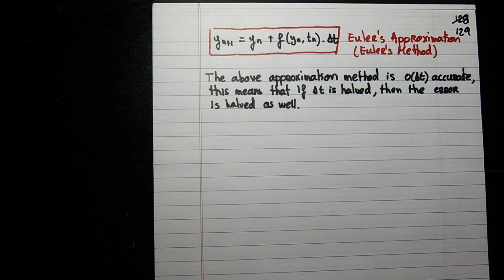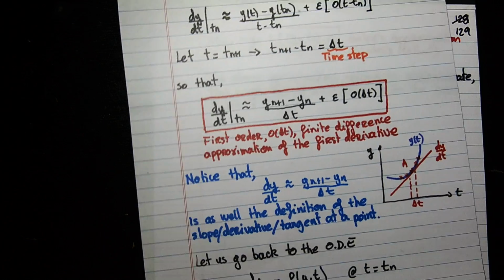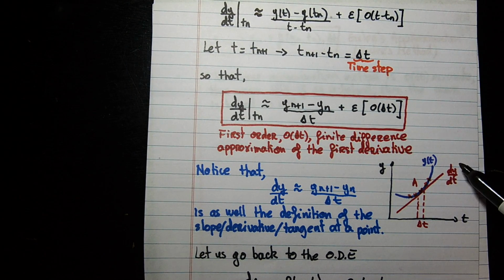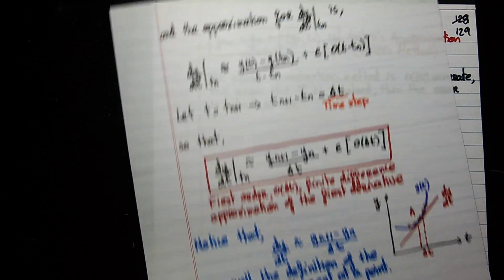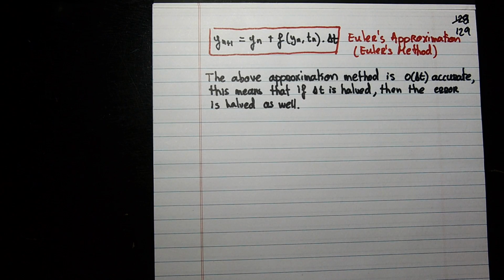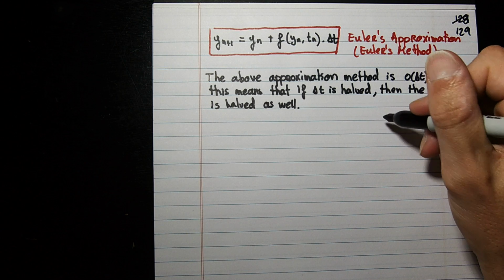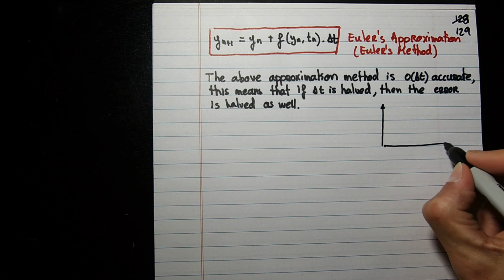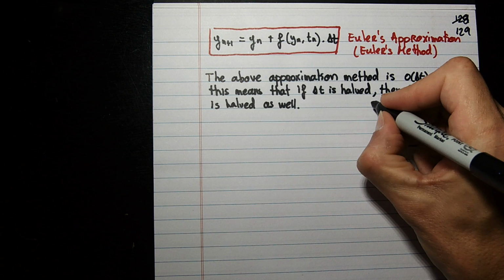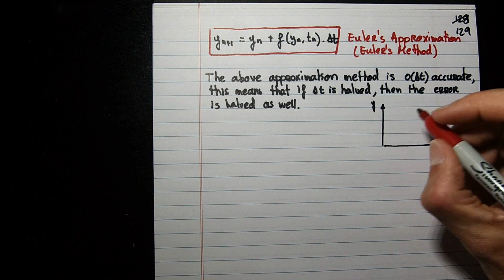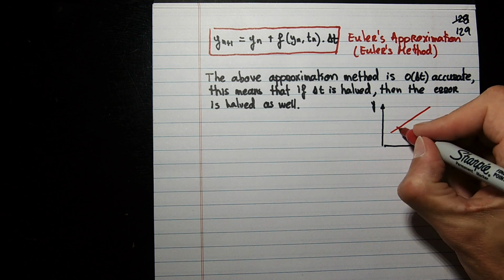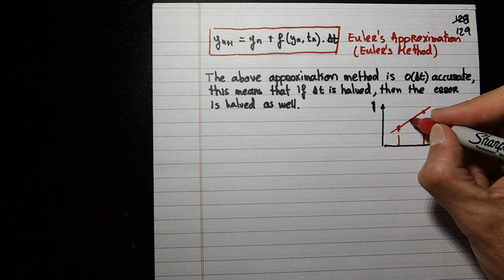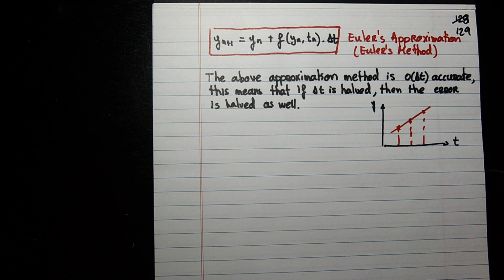So in other words, if this was a straight line, let's say the solution y of t was a straight line, maybe I can do here a little figure. If our function is of this shape here, then yes, if you take half the time step, you can estimate the solution to be half better.